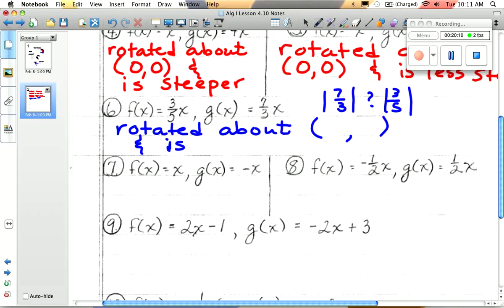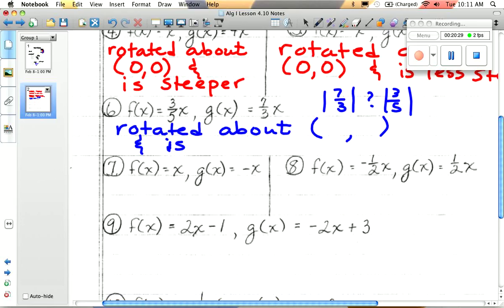Was there a translation that went on? How do we know? What changes if there's been a translation? Slope. The y-intercept. Did the y-intercept change? No, what do they both have a y-intercept of? 0. Okay, so the y-intercept did not change, so no translation happened.